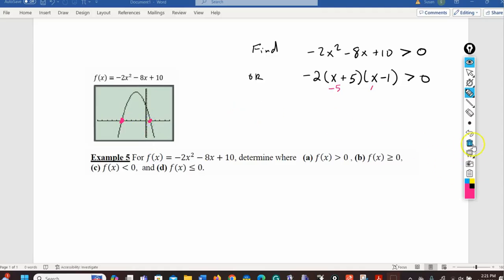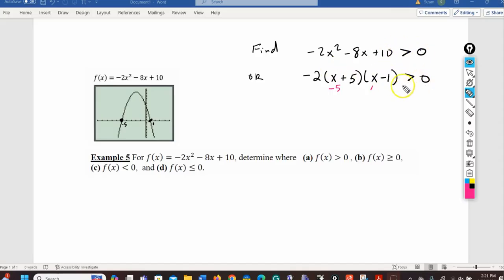So let me do that in black. So -5 and 1. Okay, now the symbol makes all the difference in the world as to what the answer is.